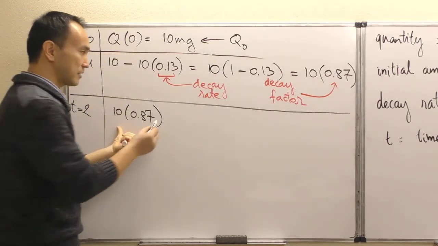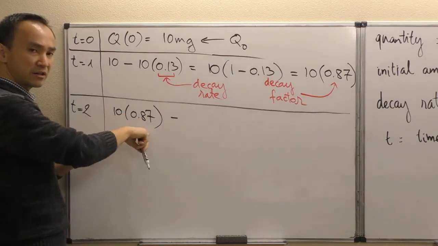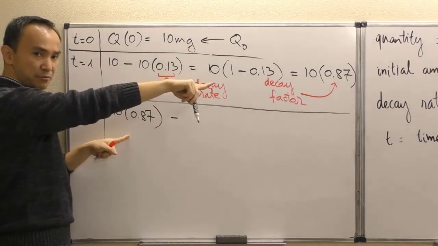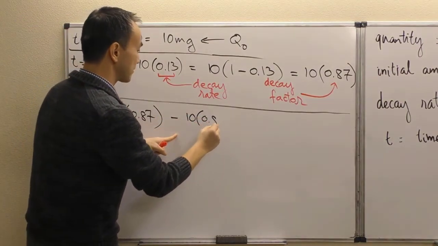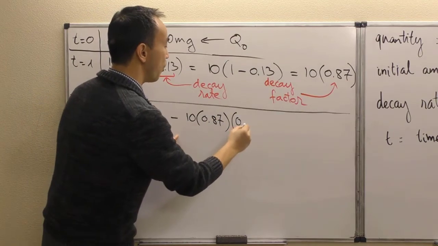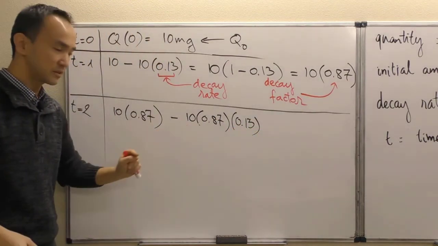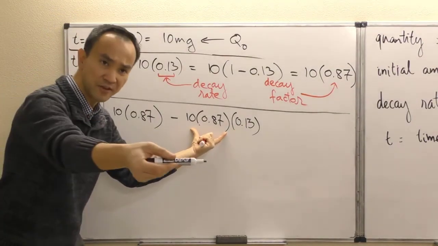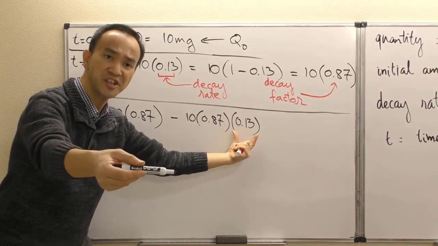From that amount, I'm going to take away the loss, because this is the amount that currently remains from the previous period, but now I'm going to take away another 0.13 of that amount. So it's always the current amount, or the amount from the previous period, multiplied with the decay rate, or just the changing rate.